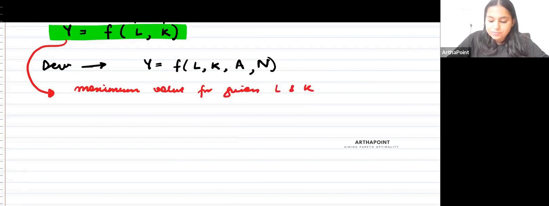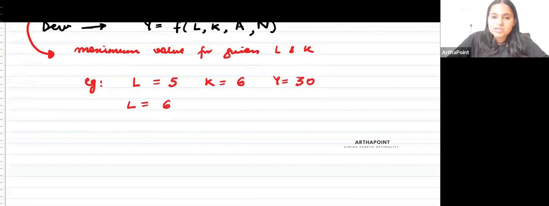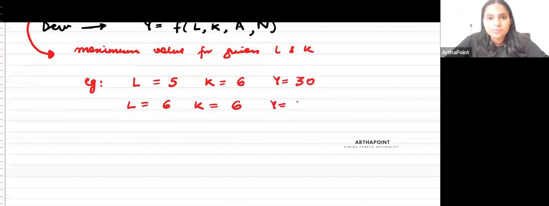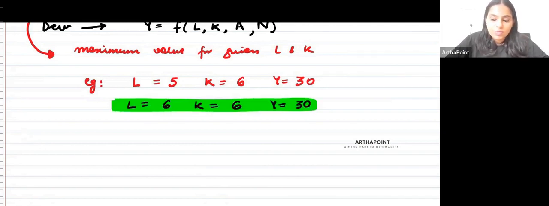So for example, if I tell you that one combination is that labor is 5, capital is 6, and output is 30. And I tell you that the other combination is labor 6, capital 6, output 30. Then this point should not be a part of my production function.